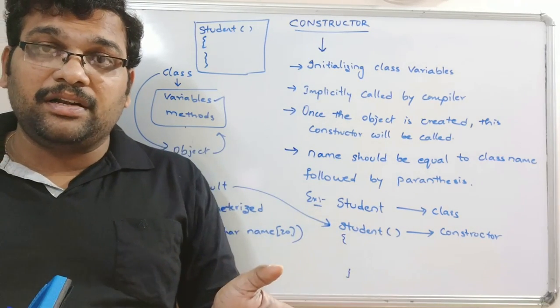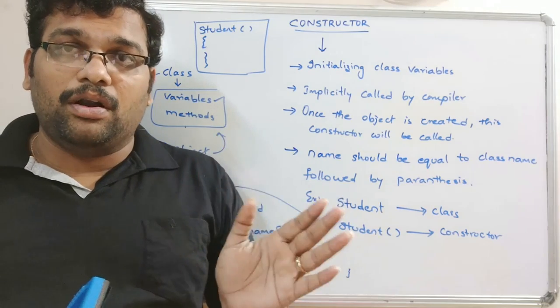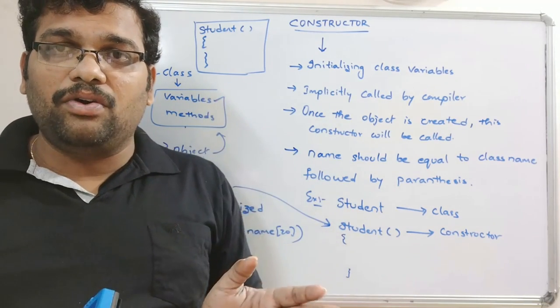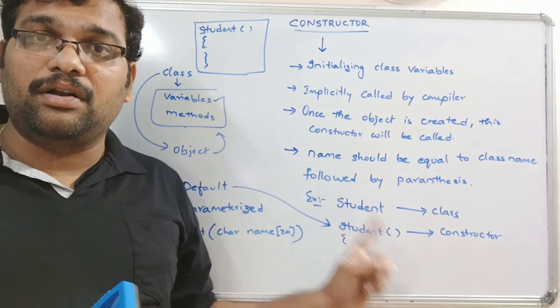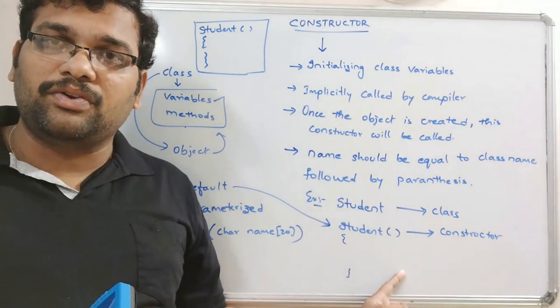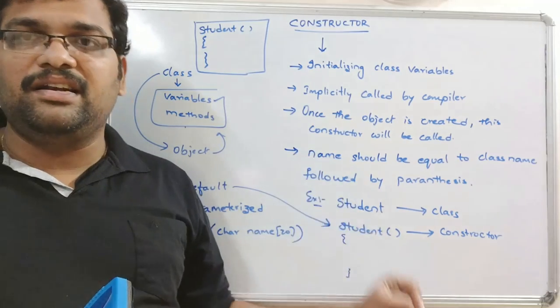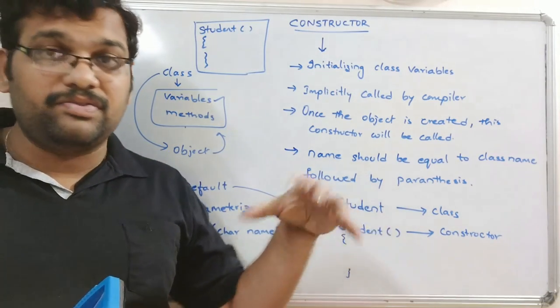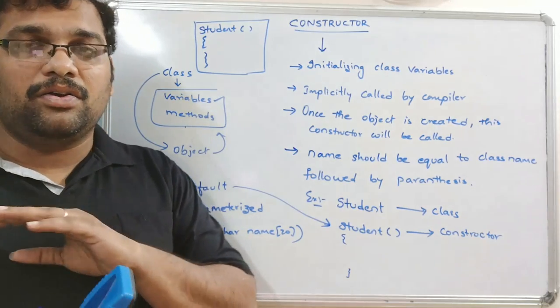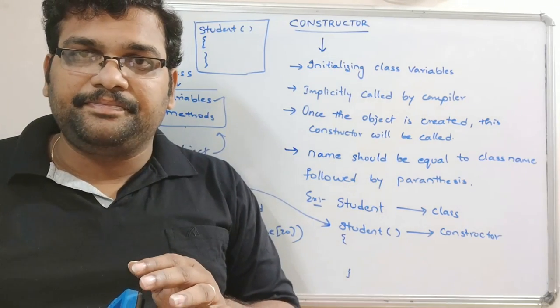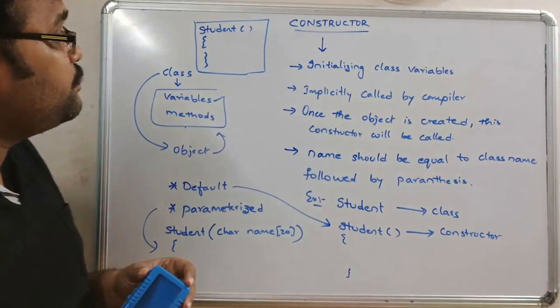If it is a function, there should be an explicit call. Unless you write the function call, that function will not get executed. But here the constructor need not wait for a function call. Implicitly the compiler will execute this constructor. Hope you understood this one.